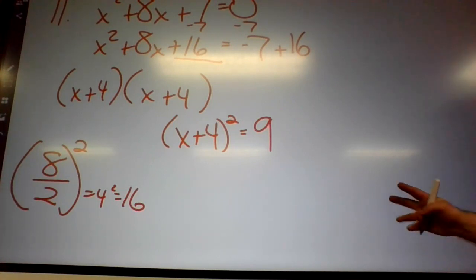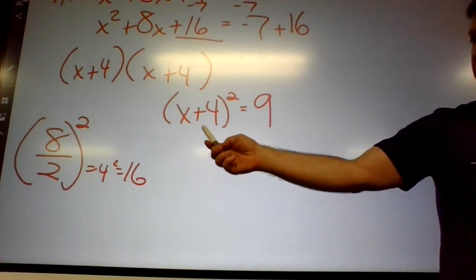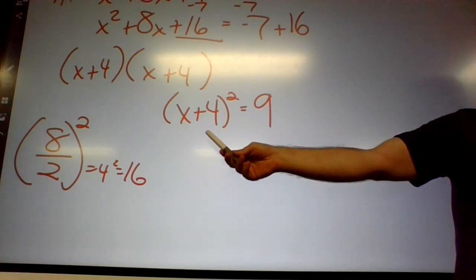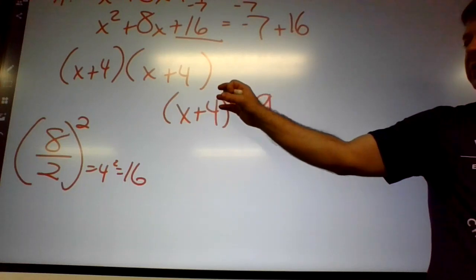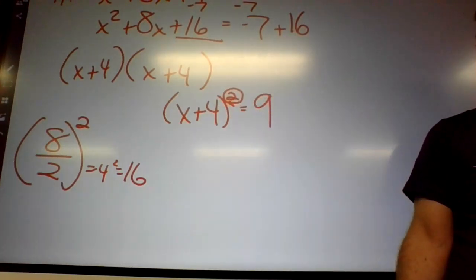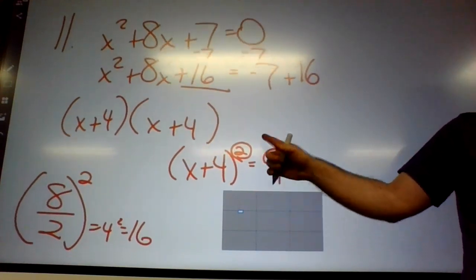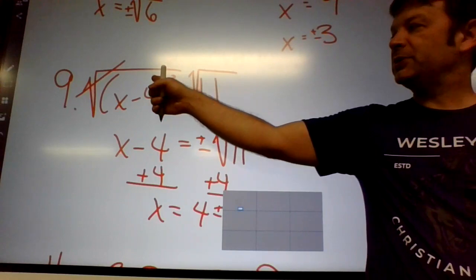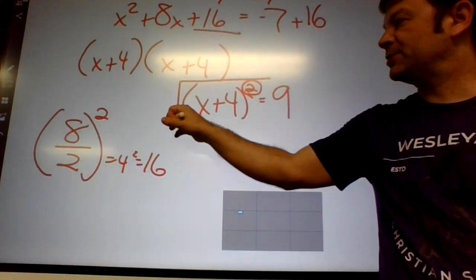So, Kenton, what should we do now if we're trying to solve this for x? How do we get x by itself? Now, how did we get rid of this earlier? Yeah, we square rooted it. So, the square root will get rid of the square.